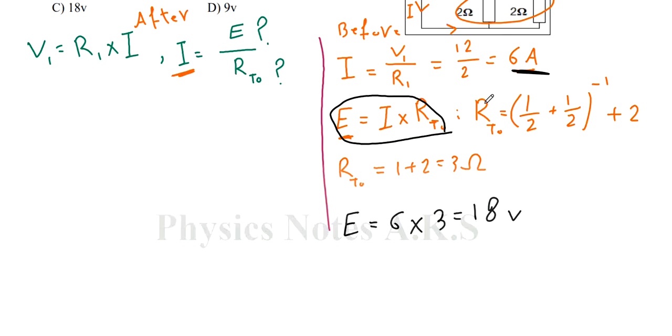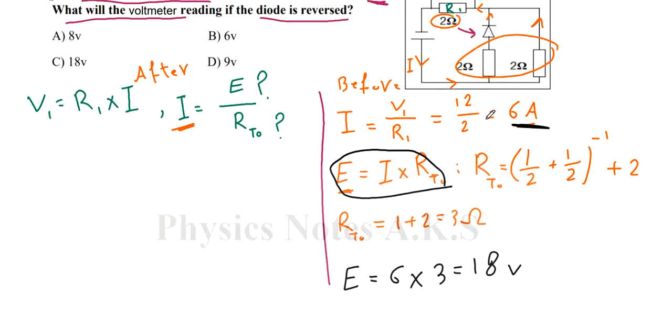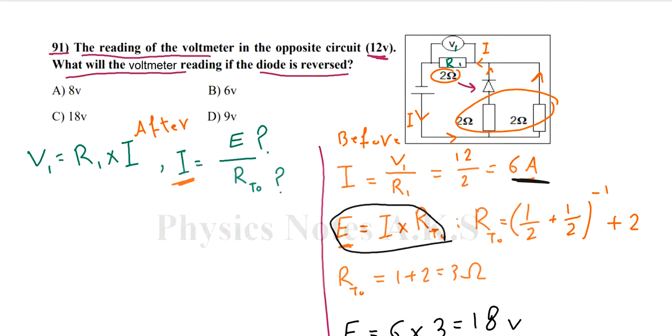Why are we finding the electromotive force? I want you to pay attention that the electromotive force doesn't change because we are not changing the battery. So before and after, the electromotive force doesn't change, which means now I know it equals 18 volt. That's why I went to the right side and found it.